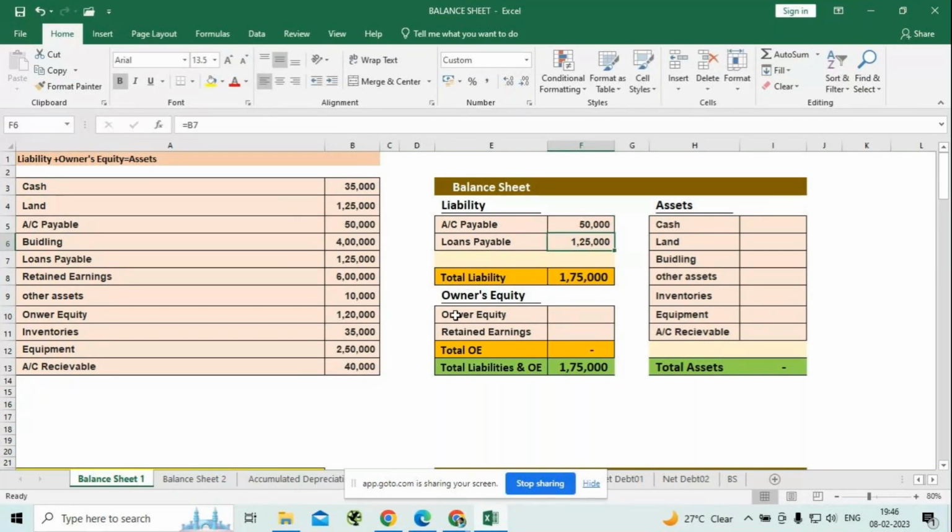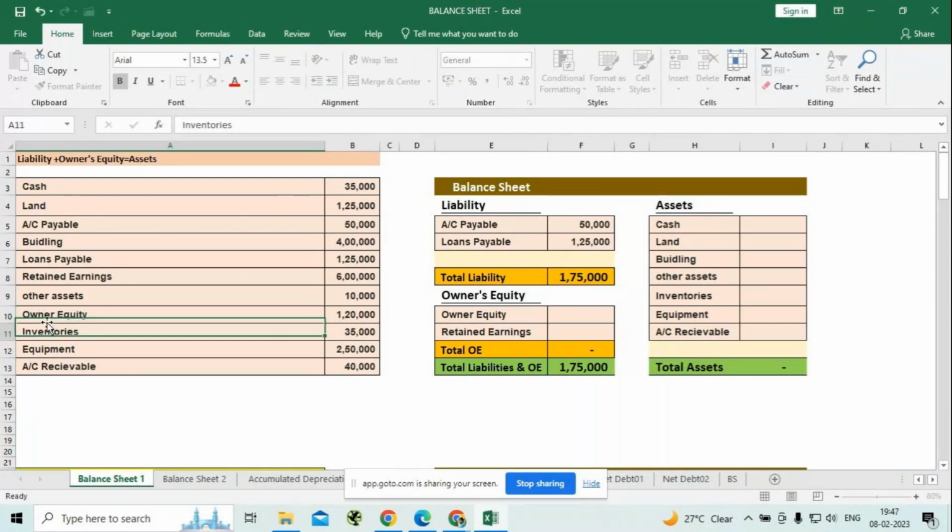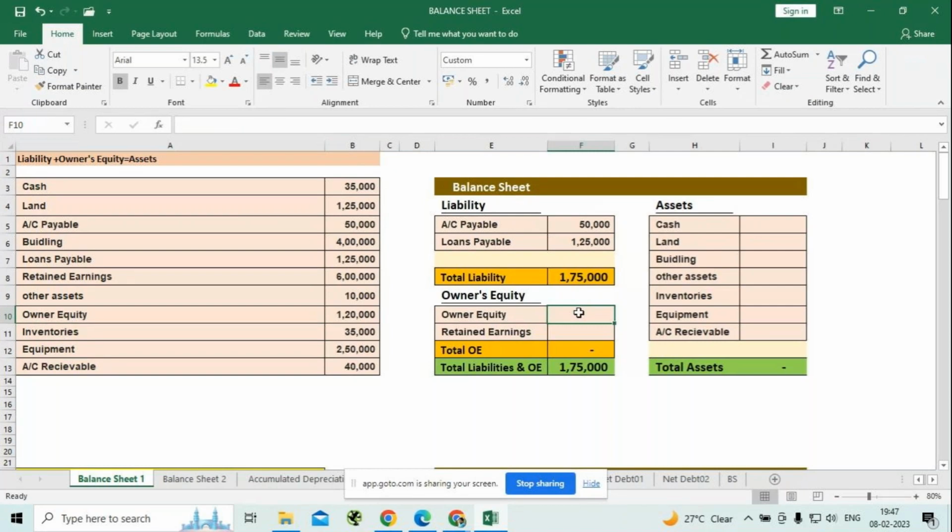So the owner's equity equals 1 lakh 20,000. Retained earnings is 6 lakh. Then the cash value is 35,000.